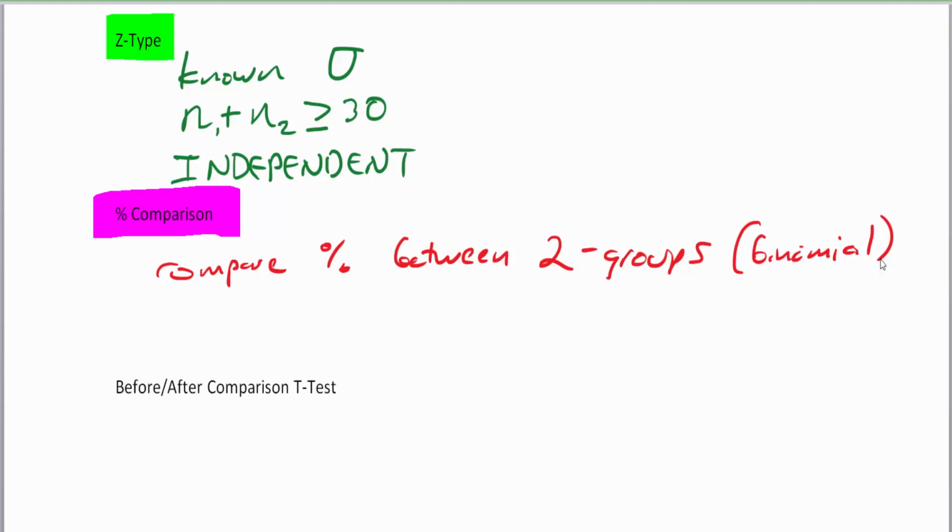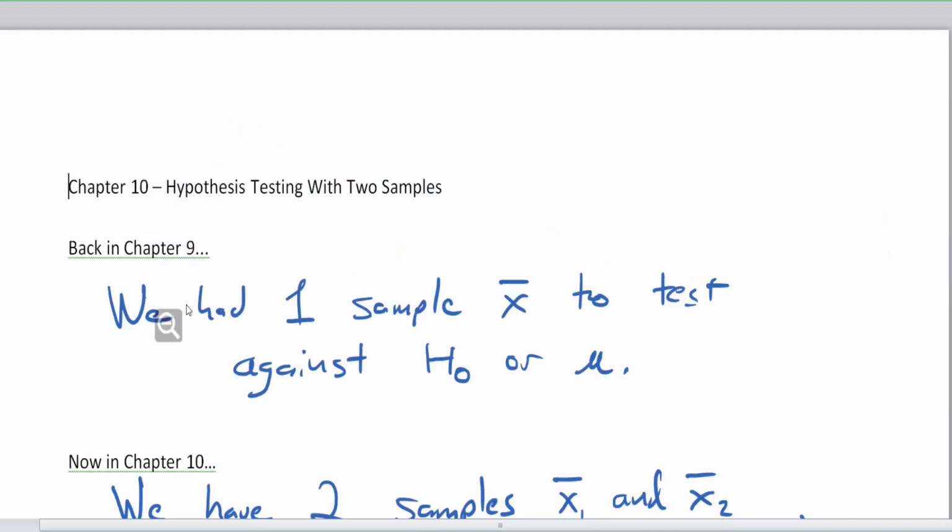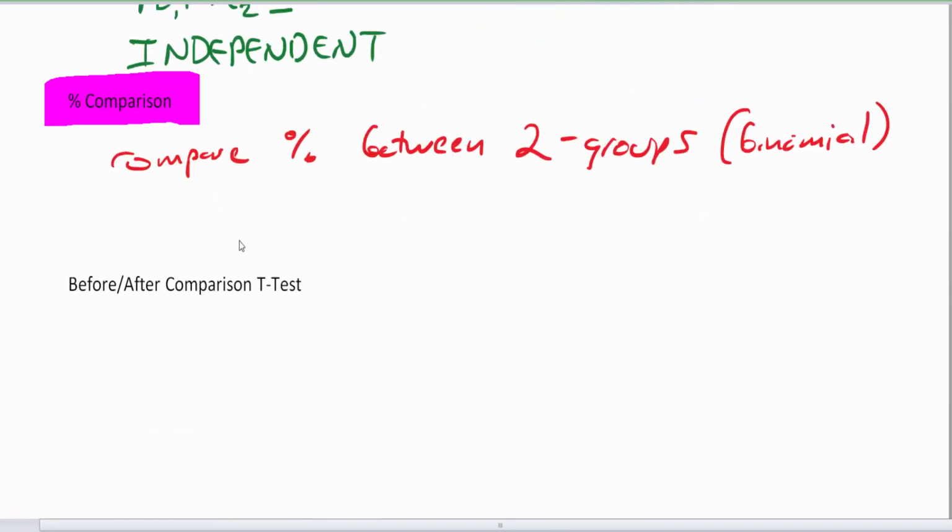The percentage comparison, also known as the 2 proportion z-test, is pretty great. In this case, your n for your 2 groups are definitely going to have to be greater than or equal to 30, unless you're dealing with maybe a close to 50-50 situation. But I want to throw in the tests here, so your n sub 1, p sub 1, q sub 1 has to be greater than 10, and your n sub 2, p sub 2, q sub 2 has to be greater than 10.